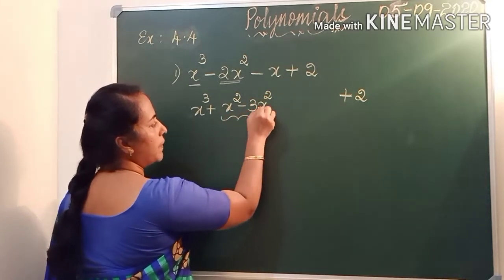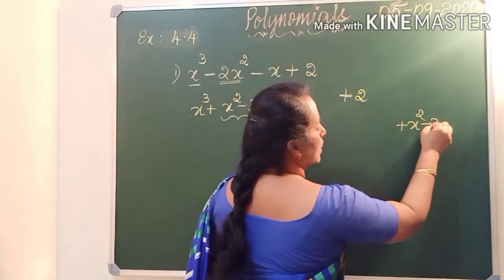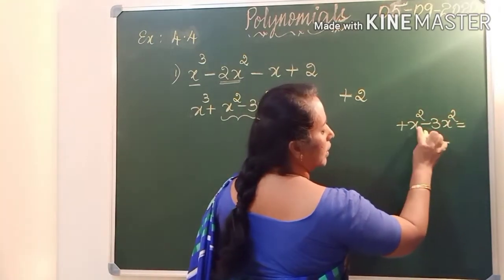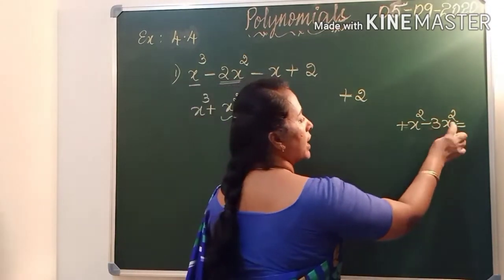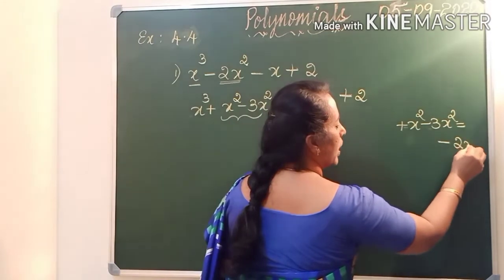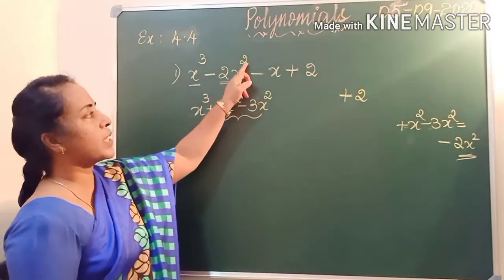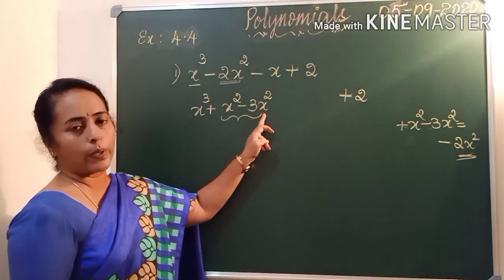If you simplify this, plus x square minus 3x square, what will you get? Greater number sign is minus. Since they have unlike sign, you should subtract. So 3x square minus 1x square is 2x square. Now your second term minus 2x square can be written as plus x square minus 3x square.